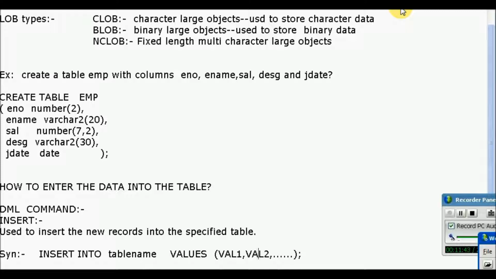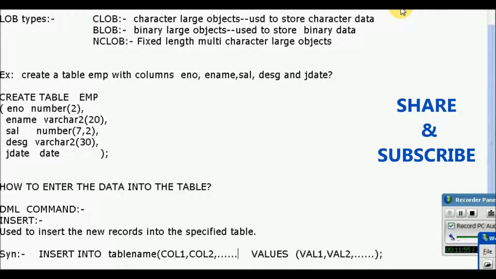Here you can also specify column names. After the table name, specify column 1, comma, column 2, comma, and so on. If a table contains n number of columns, you have to insert n number of values.